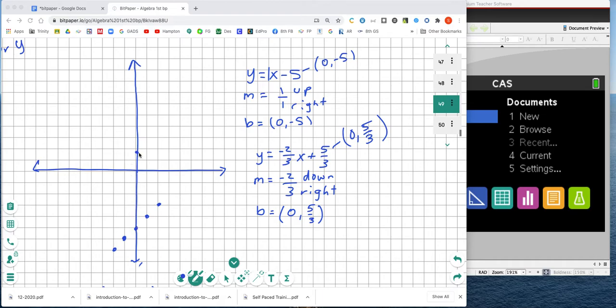Now we're going to go up to our second equation, starting at 5/3, almost 2, okay? We're going to go down 2, so that would be 1, 2, and to the right 3: 1, 2, 3. Down 2, to the right 3.